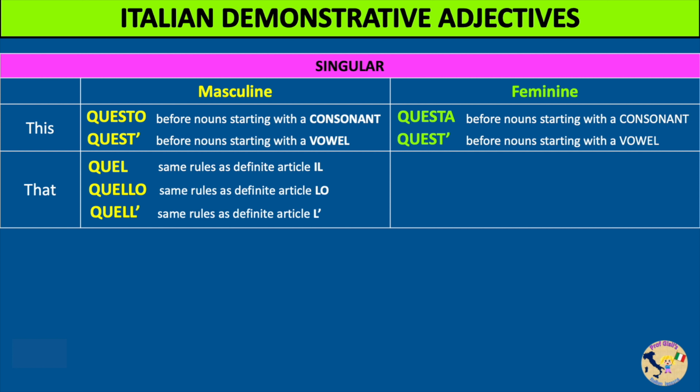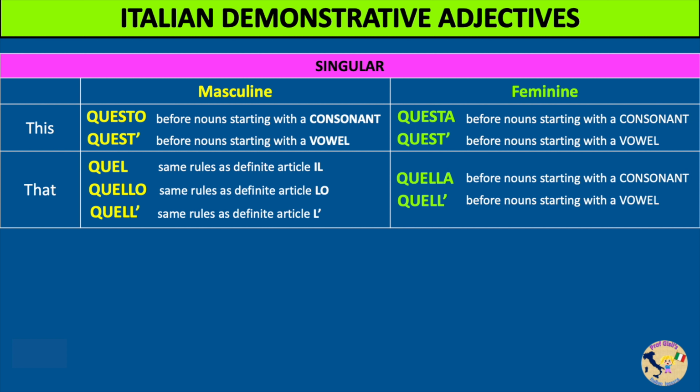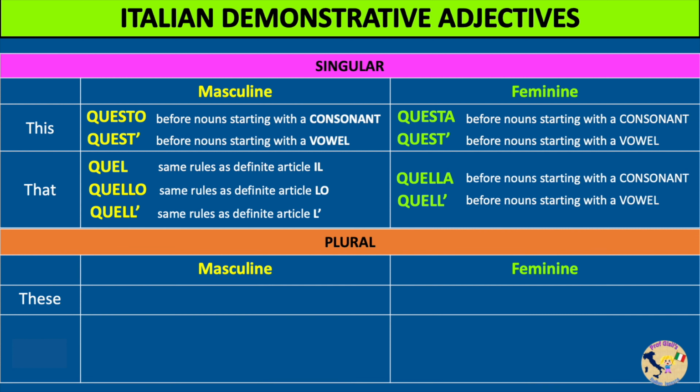For the feminine, we have two adjective forms equivalent to that: quella, used before nouns starting with a consonant, and quell', used before nouns starting with a vowel. Let's now look at the plural. The demonstrative adjective forms for these are questi for the masculine and queste for the feminine.